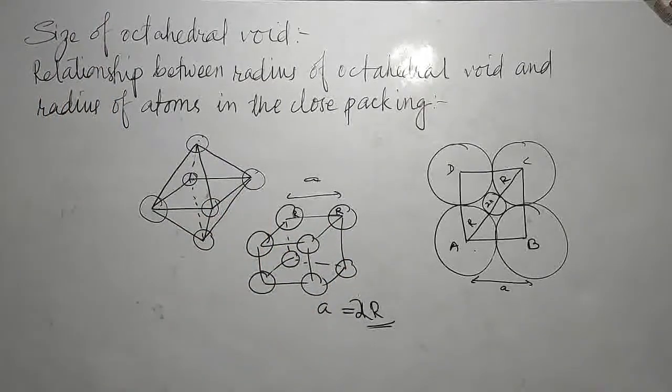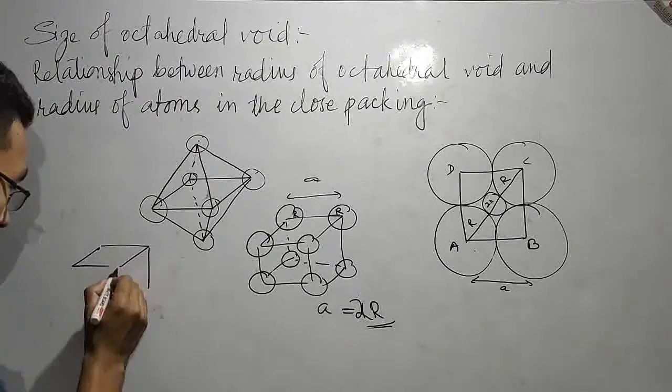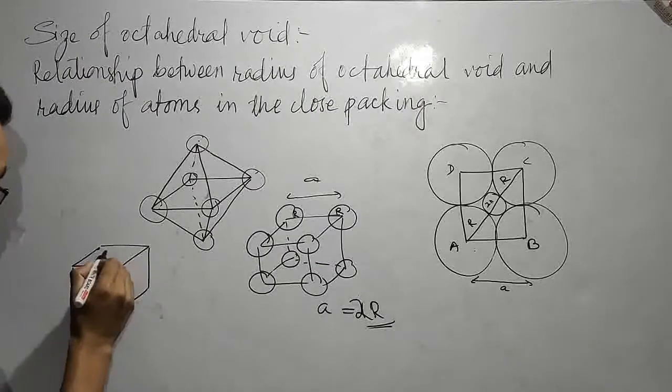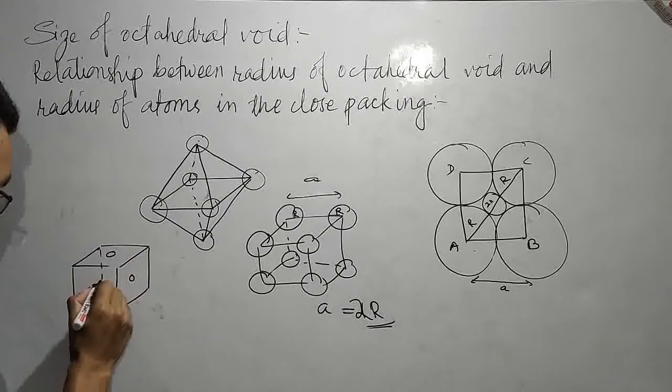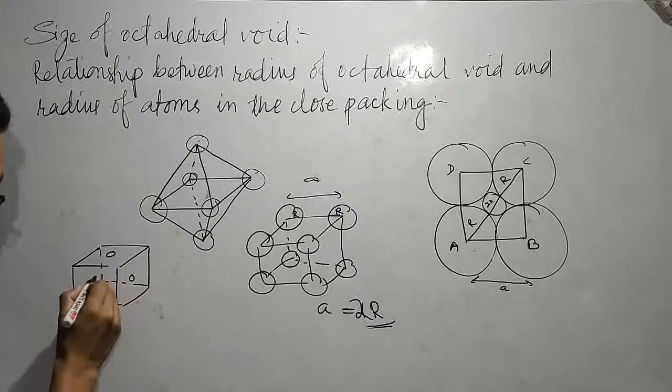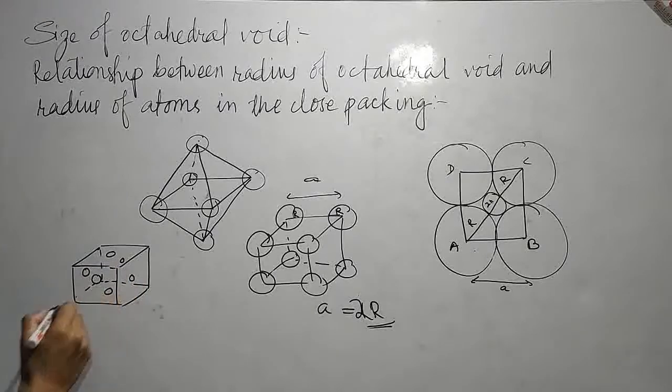in this cubic unit cell, it will give a face centered cubic unit cell, like this, where the atoms are present at the centers of the 6 faces. One is here, the other one is here, and here, and here.